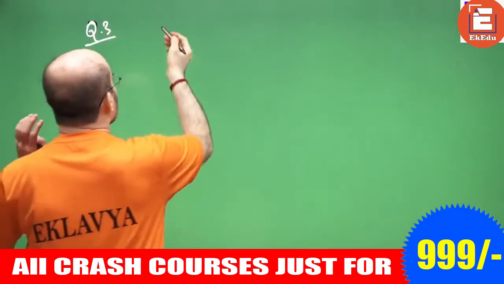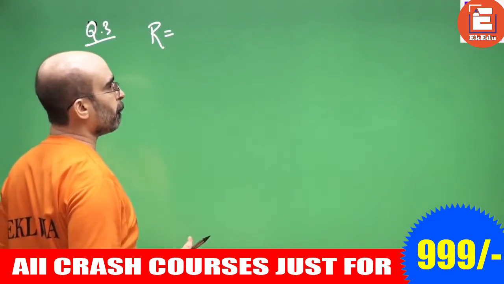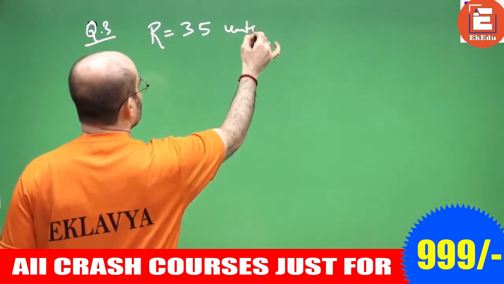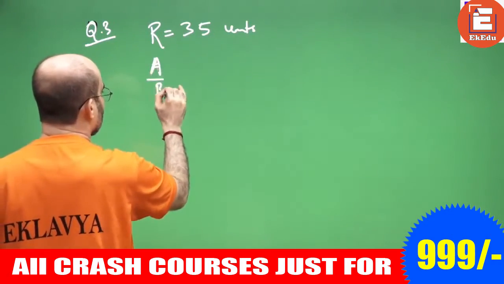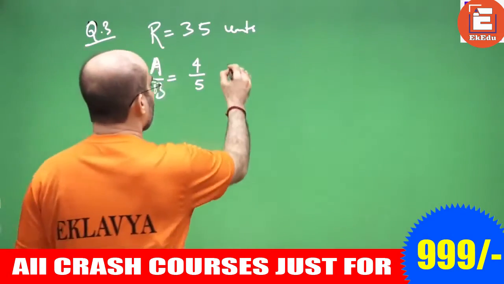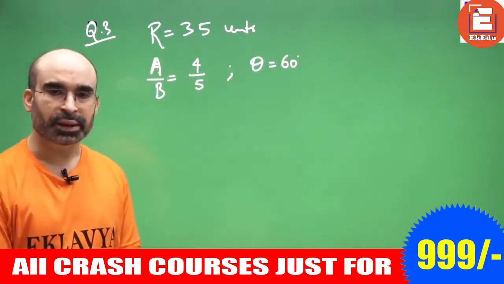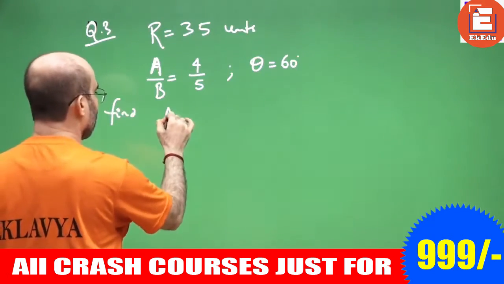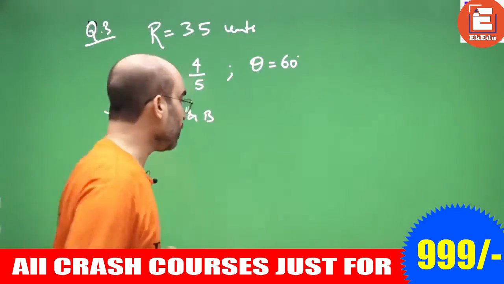Suppose R is given as 35 units, and the magnitudes of A and B are in the ratio 4:5, and theta is 60 degrees. Find the magnitudes of A and B. Is this clear? So this is the question.